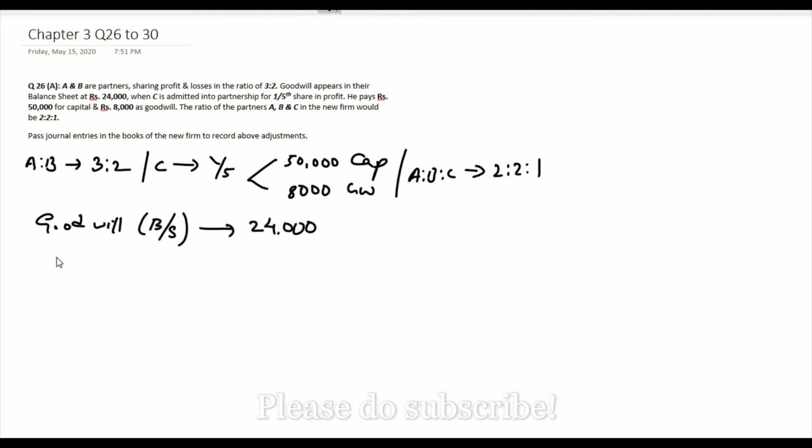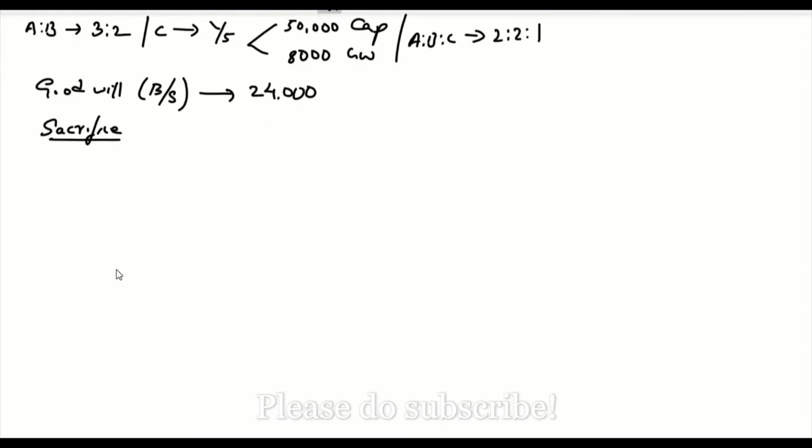Okay, first we need to find the sacrificing ratio. So here A, his original share was 3/5. His new share is 2/5. So it is 3/5 minus 2/5, which is equal to 1/5.